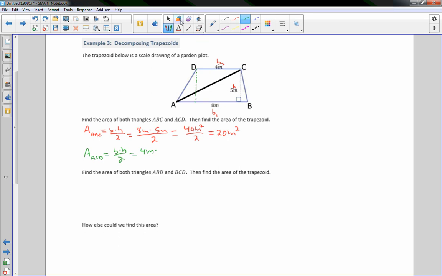Actually, if I want to show you this way: if this is my height of 5 right here, and I slide it over here and draw this over here, then we would have a height of 5 meters for this one as well. So that's 5 meters divided by 2. Now I'm going to do this one differently. I'm going to reduce first to make that a 2. And now it's just 2 meters times 5 meters, which is 10 meters squared.